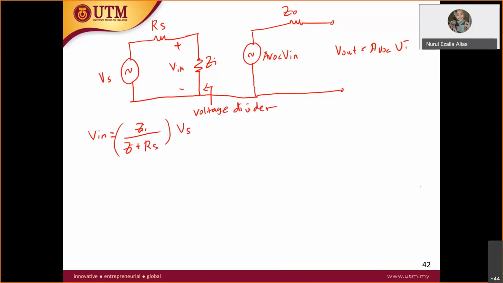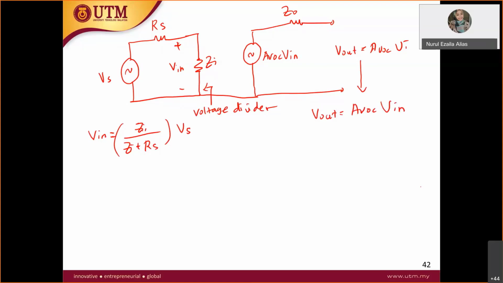So this part, I think all of you are clear, right? V in is equal to Z in over Z in plus RS. I think all of you are clear about this part. All right, now they give that V out is equal to the AVOC times V in.